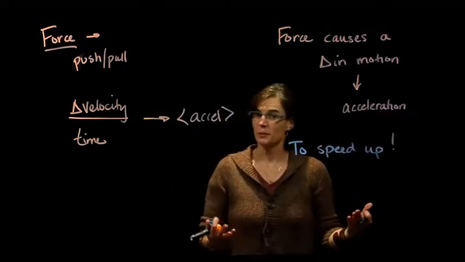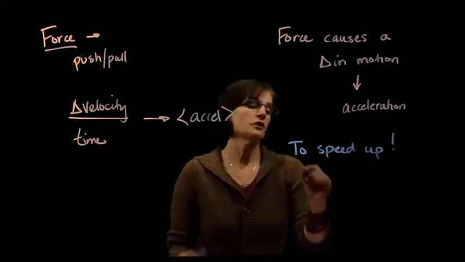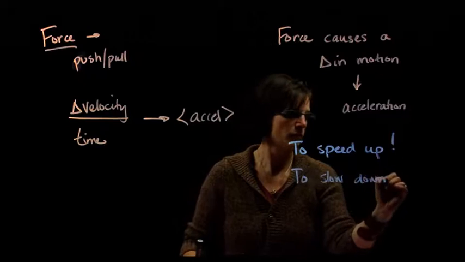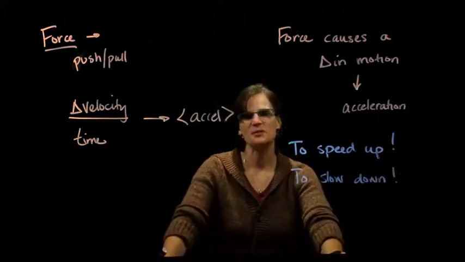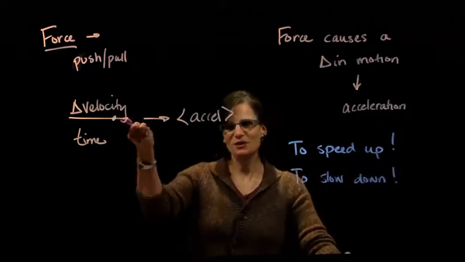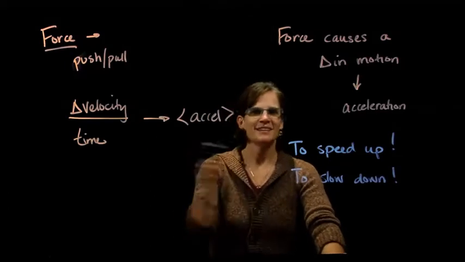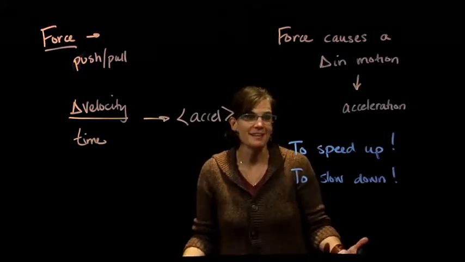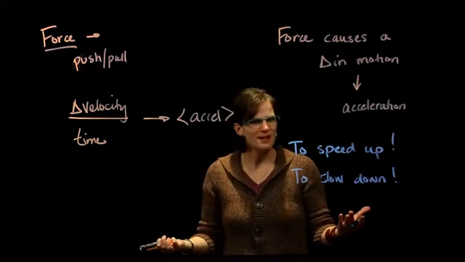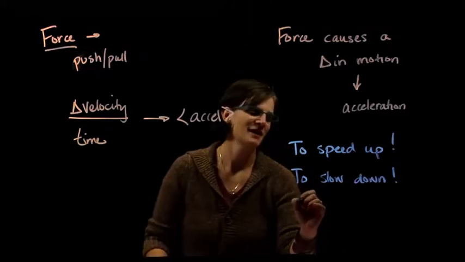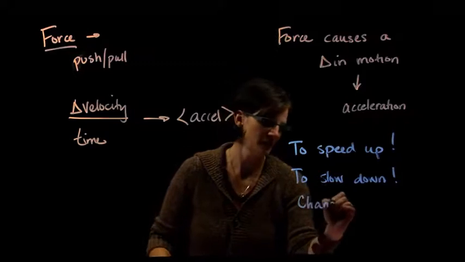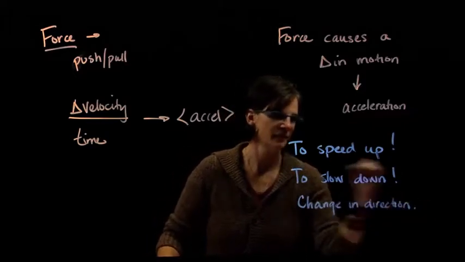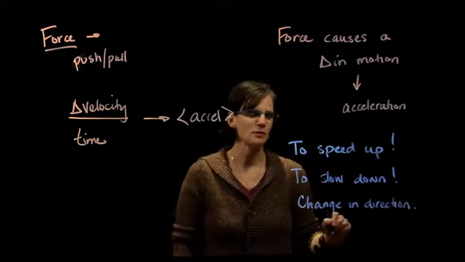An acceleration could be slowing down. So a force could cause an object to slow down. And an acceleration could do one more thing. It's a change in velocity, and velocity has a direction. So if I just change an object's direction, I'm actually changing its velocity. So a force can cause a change in direction. All three of those things are possible with a force.